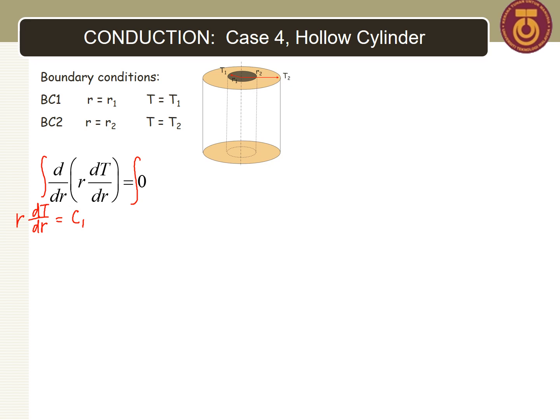Then we will get dT equals to c1 times 1 over r dr. Integrate both sides, then we get T(r) equals to c1 ln r plus another constant. Let's term it as c2. So we will get equation number 1.